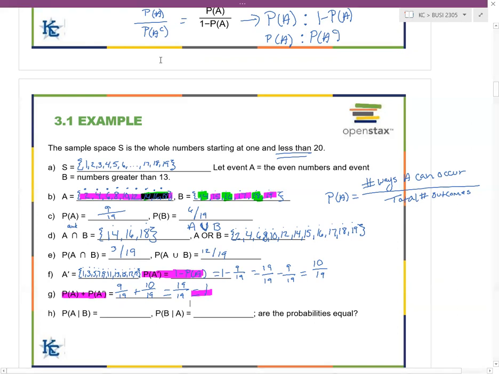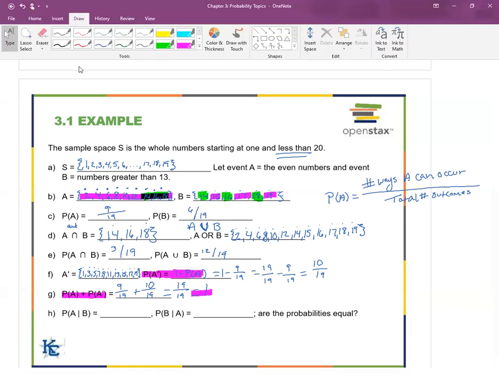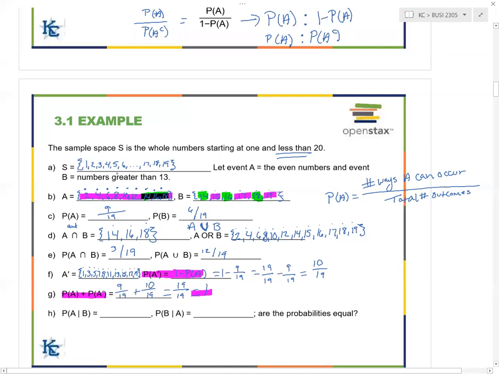All right, so let's look at conditional probability. So if we want A conditioned on B, now remember conditional probability means what's the probability of A occurring knowing that B already occurred, okay? So here, A represents the odd number.